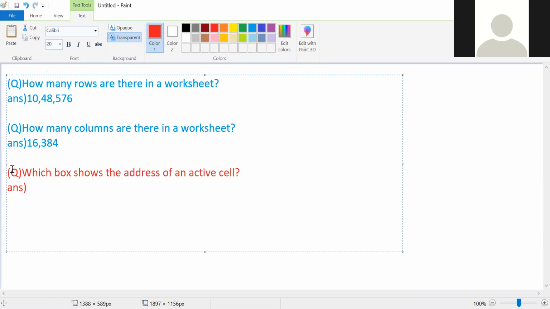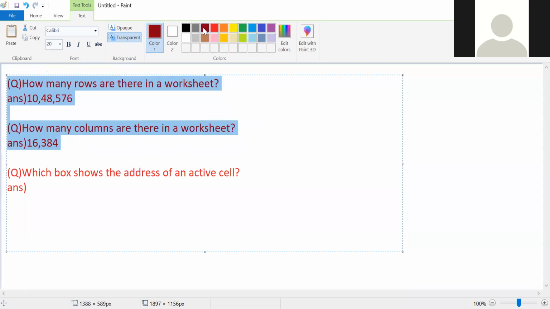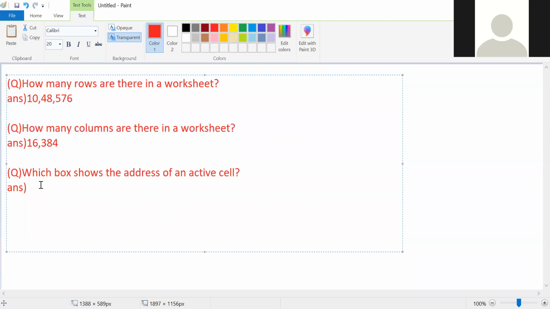Name box. Sir, name box. The answer is name box. Name box shows the address of an active cell.